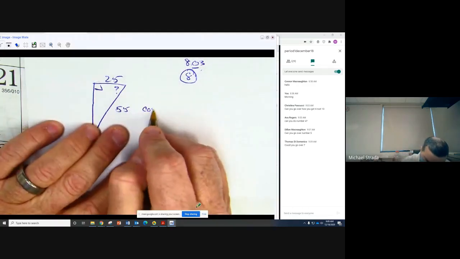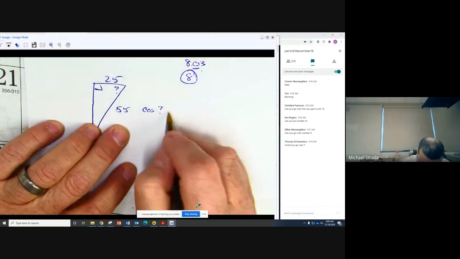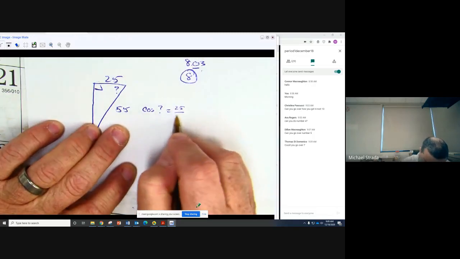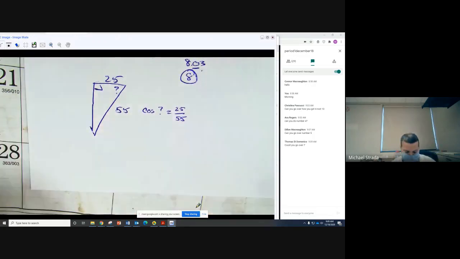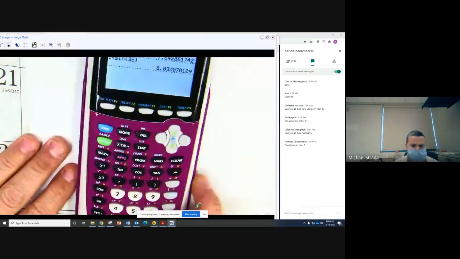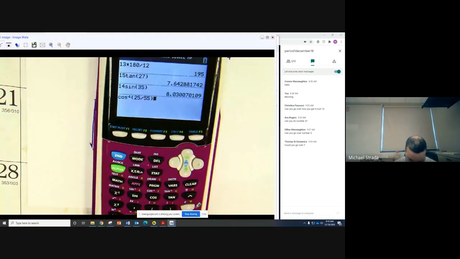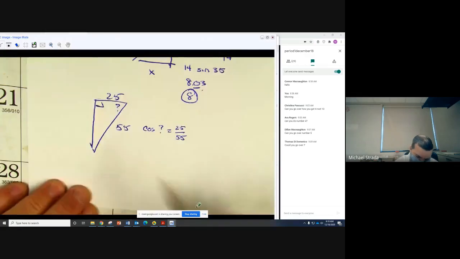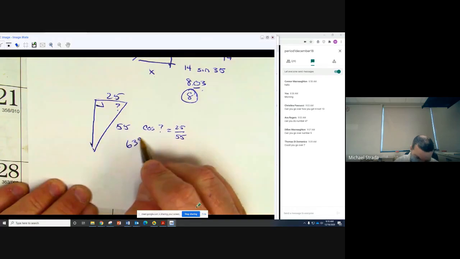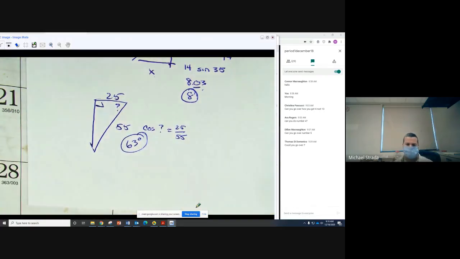So the cosine of whatever the angle measure is equals 25 over 55. When finding an angle, the difference is we're using the inverses. So it's second cosine: we hit second first, and then we do 25 divided by 55. We get 62.96, which is awfully close to 63 degrees. So when we round to the nearest degree, we're going to have 63.